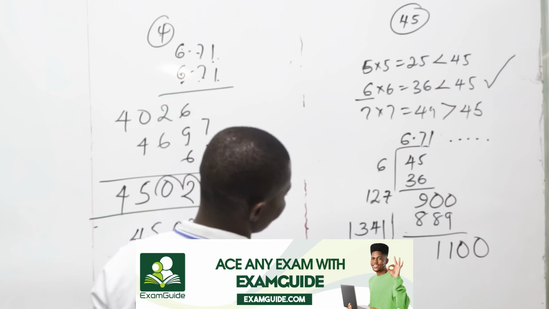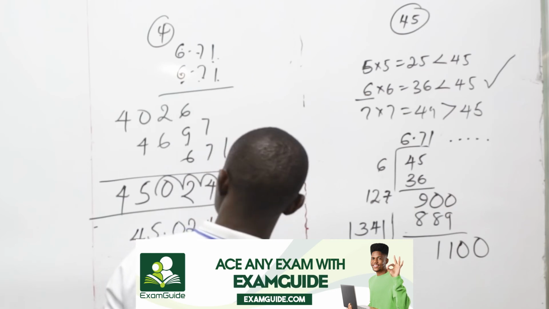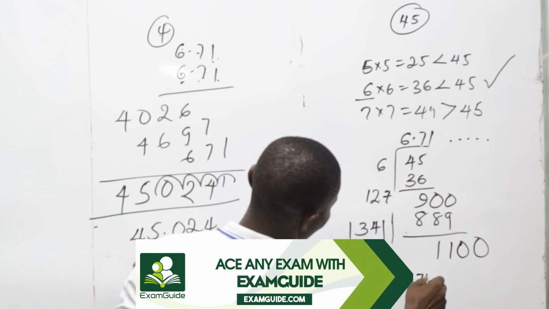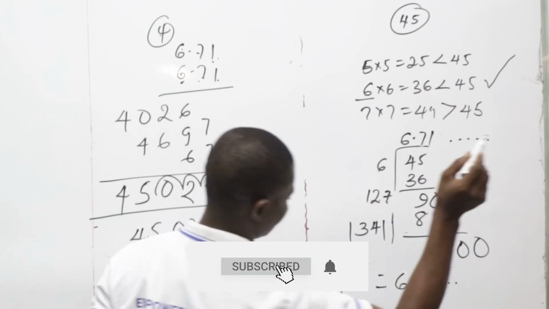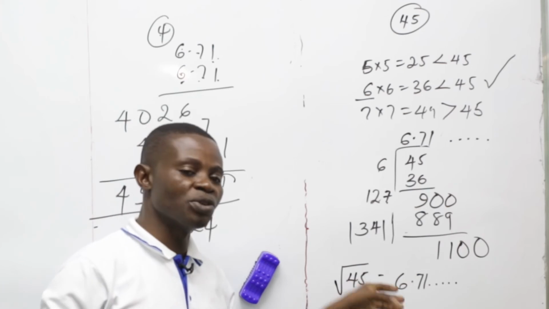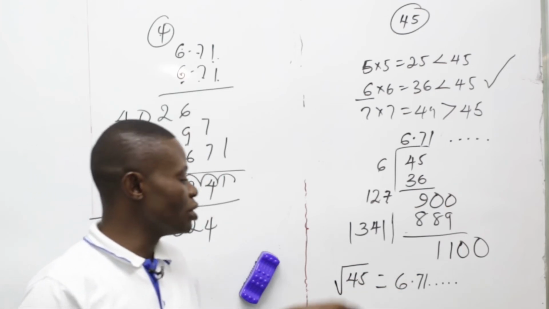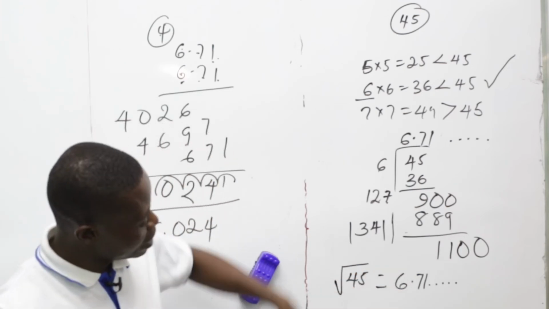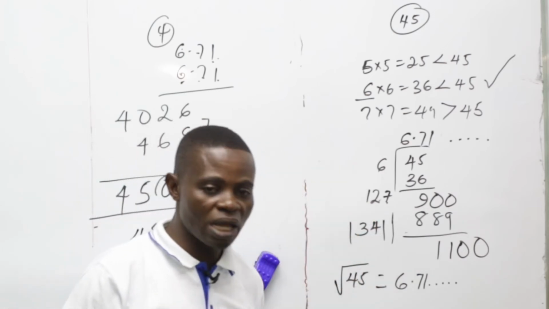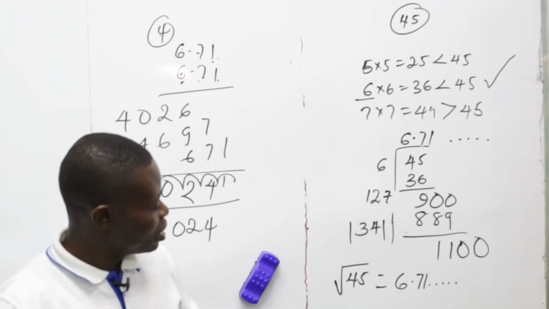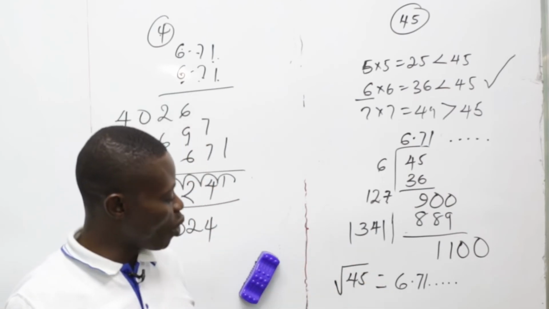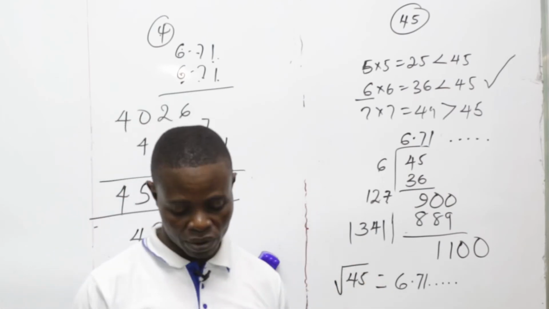Therefore, square root of 45 equals 6.71... That's 6.71, read digit by digit. After the decimal point, every other number is pronounced one after the other. Therefore, the square root of 45 equals what? 6.71.